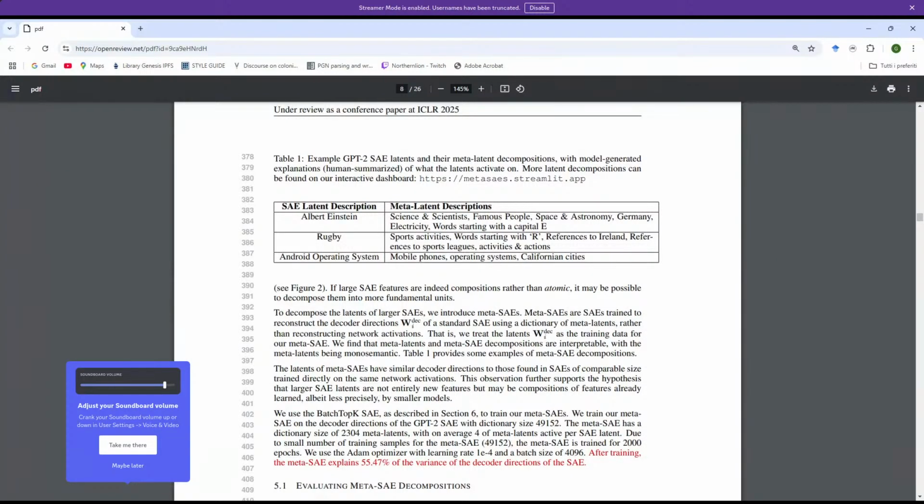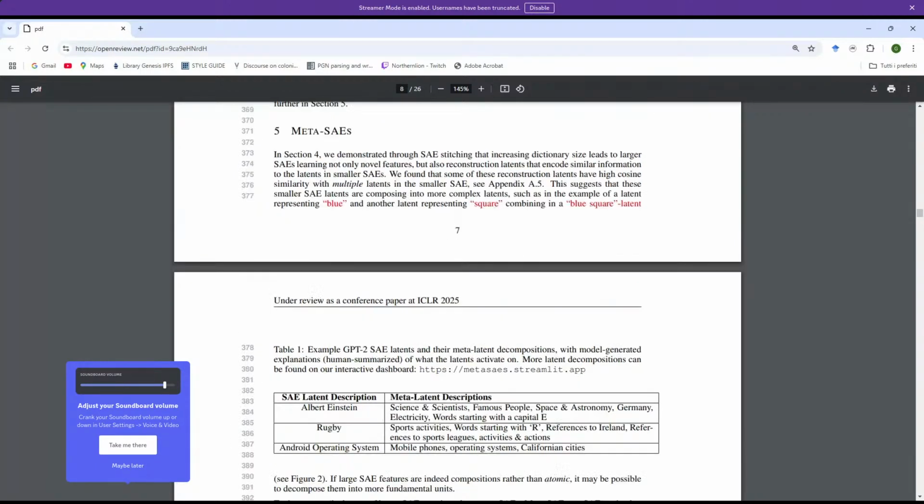I do have a question, if you don't mind. Is my understanding correct that the way they train the meta SAEs is the inputs would be the decoder directions, and then they try to reconstruct them with a very low sparsity, like they say maybe 4? Yes.